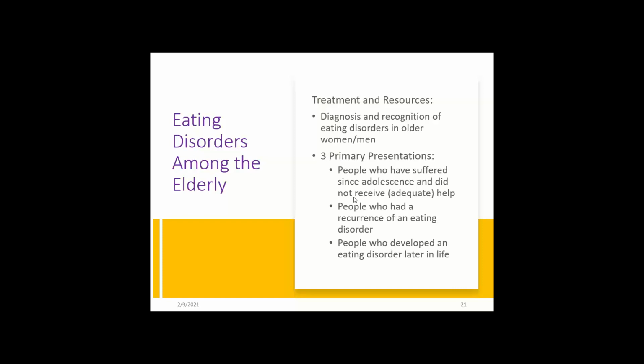Or people who had a recurrence of an eating disorder based on losses, based on life situation, developmental issues, or people who've developed an eating disorder later in life and have had no history. Now, I have seen a few people like this who've developed an eating disorder later in life when they've had a tremendous loss.